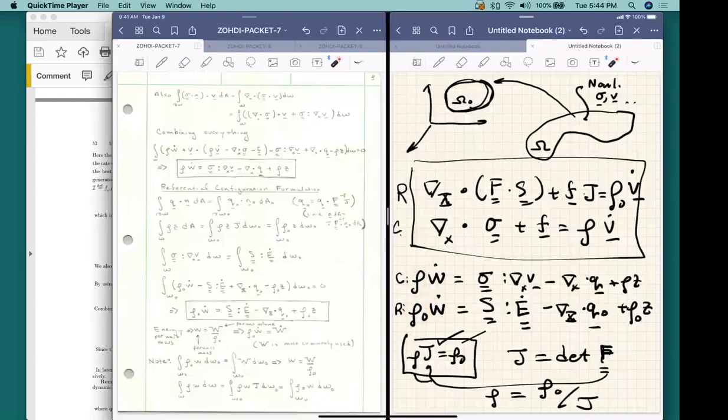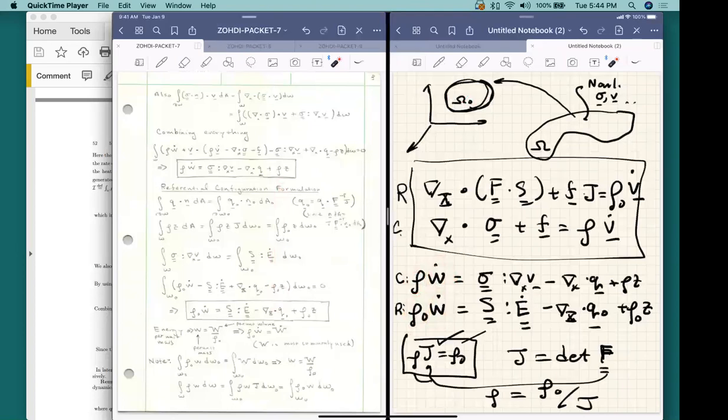It turns out the next term, the rate of change of the stored energy, is really the same one in both equations. That doesn't change, and I would ask you to please go through the proof so that you can prove it to yourself. That's important.